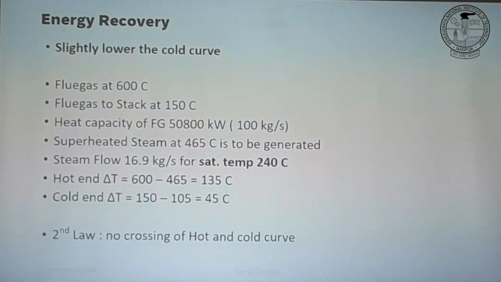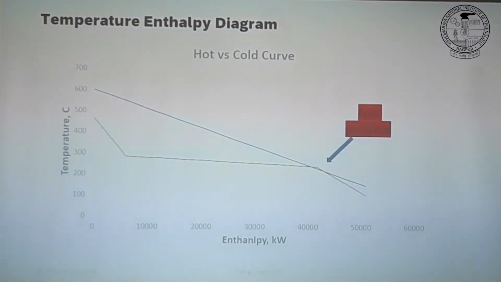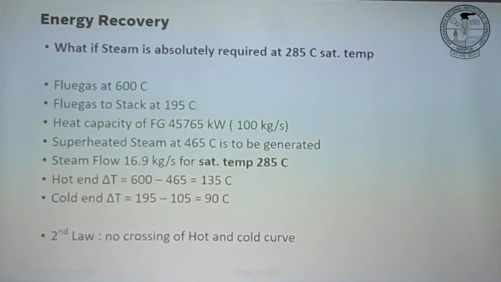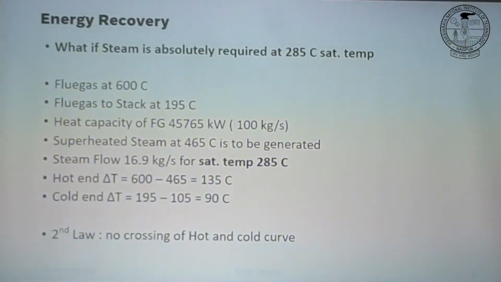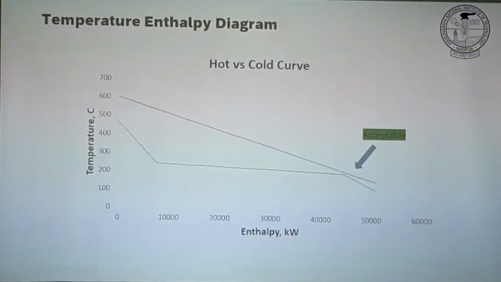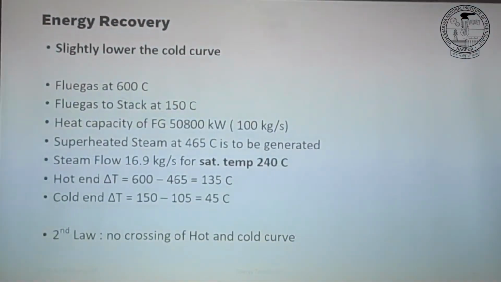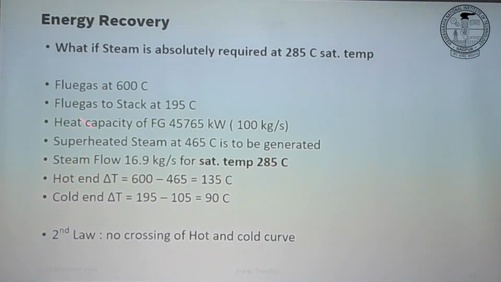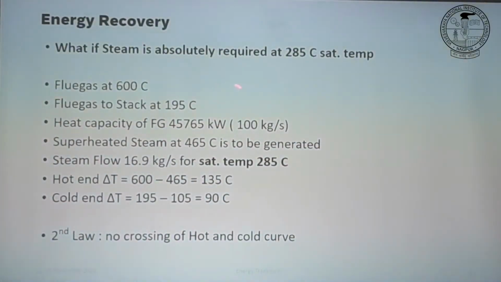Of course, we are looking at a power plant where you are generating electricity, but let's assume you need steam at 285, not 240. So let's assume we absolutely need steam at 285, right?